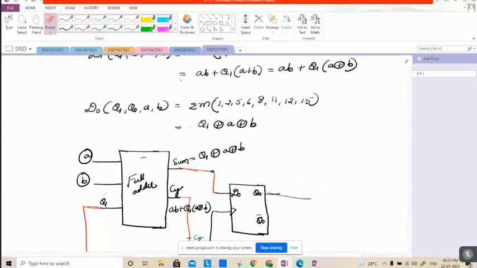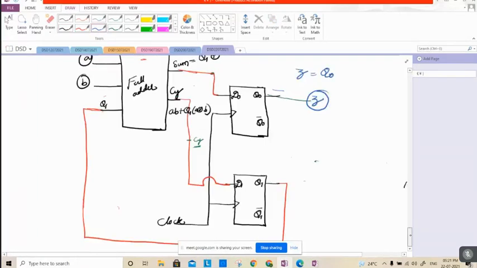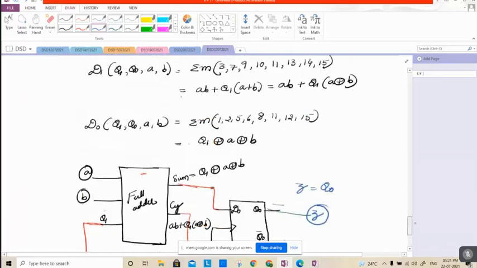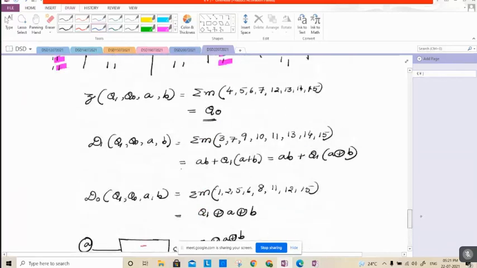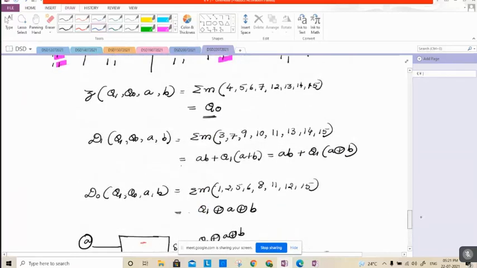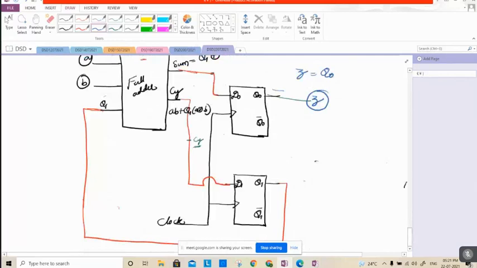What is Z? From the expressions we got, Z is equal to Q naught, and this is my Z value. And carry is equal to AB plus Q1 into A XOR B. So from here, carry can be taken. So this is my carry value.